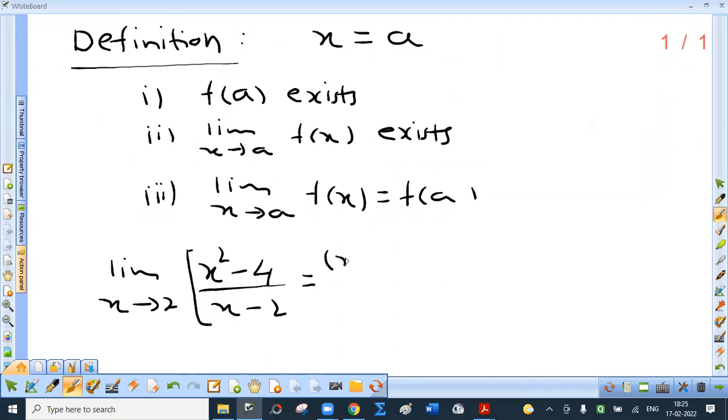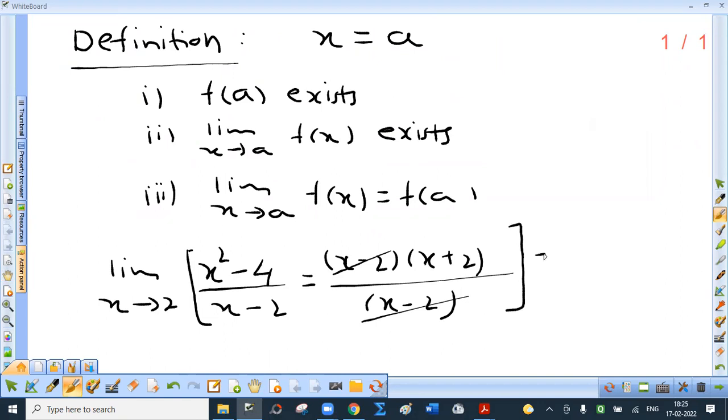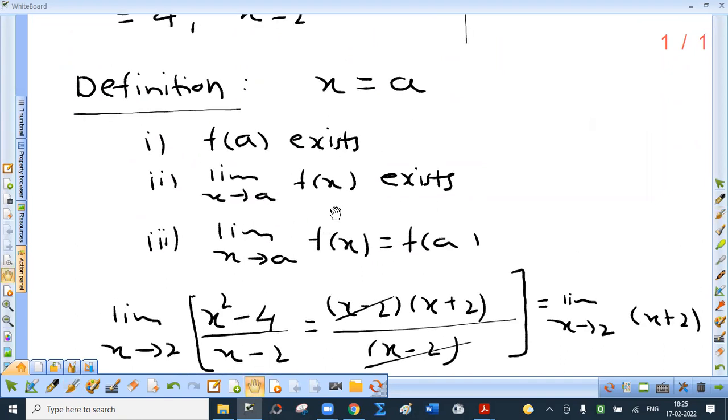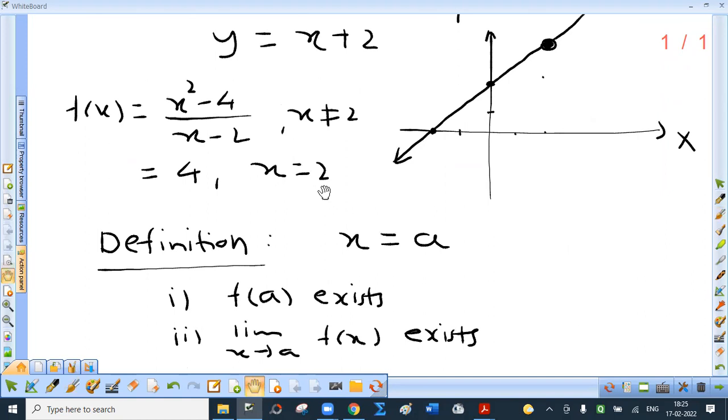What are the factors? x minus 2, x plus 2, denominator x minus 2. Can I cancel x minus 2? Yes, I can, because x only tends to 2, x is not equal to 2. So I get limit x tends to 2, x plus 2. Take the limit, 2 plus 2, that is 4. As f of x is given to be 4 at x equal to 2.